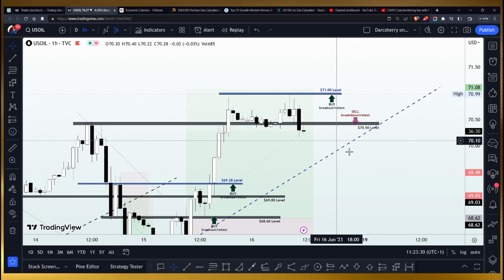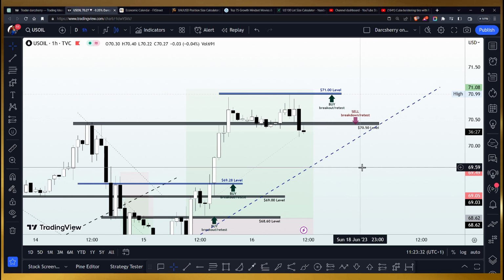Now, inasmuch as we hope that price action might likely break out of the $71 level, we cannot ignore the potentials of the sellers as well. And you know how we do it in this community. Inasmuch as we are looking forward to an opportunity to buy, we also want to ensure that we keep tabs on the potentials of the sellers as well.